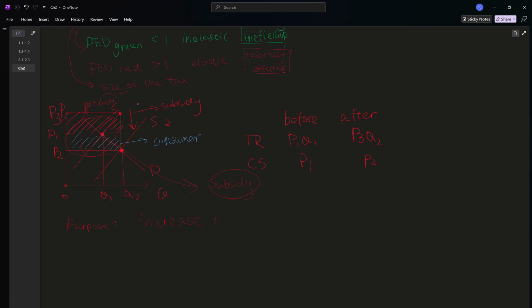This is exactly the opposite: increase the positive externality, which means increase the production of public goods, merit goods, etc.